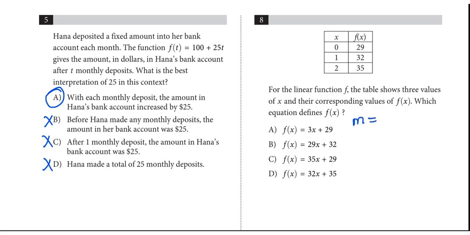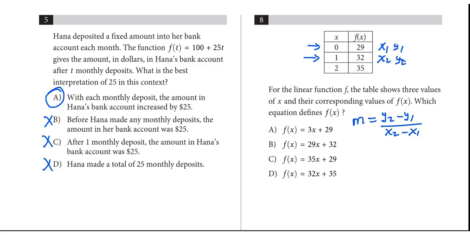And remember, m is equal to y2 minus y1 divided by x2 minus x1. So we can take 2 points. We can take the first one and the second, and we take this to be x1, y1, and this to be x2, y2.